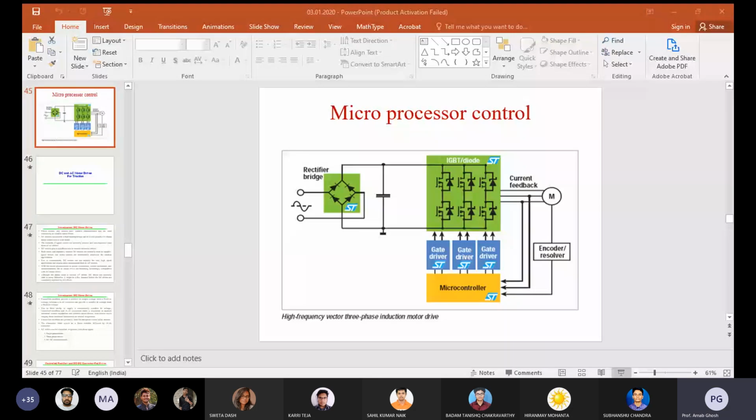Basically, at the commutator there is a huge current change. Suppose the brushes shift from one commutator segment to another segment. There is definitely an exchange of huge current, which may cause some additional losses. Some flashing will be there, so that is an additional hazard.